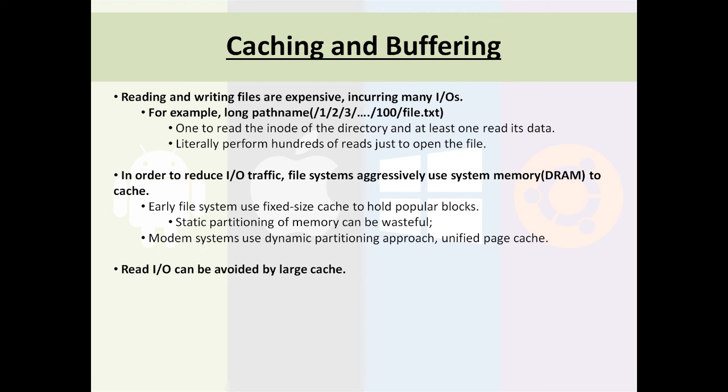Now, in order to reduce this I/O traffic, file systems aggressively use DRAM, or your memory, to cache this information. Each file system uses a fixed size cache to hold popular blocks. Just like we saw how our TLB is used to store popular pages, it's exactly the same process here. You remember we also referred to our TLB as a cache.